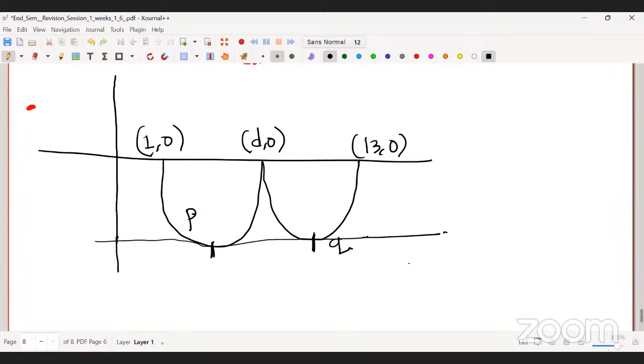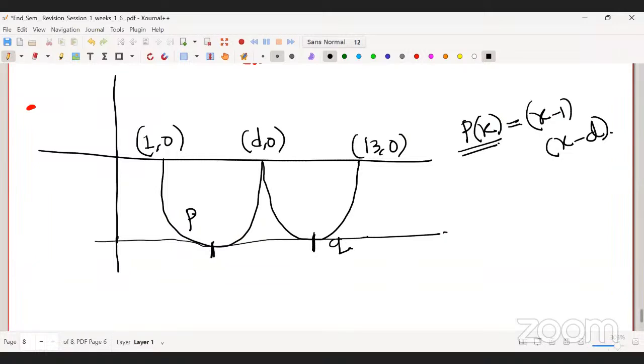First tell me the equation of P of x. It is x minus 1 times x minus d, because the leading coefficient is 1.